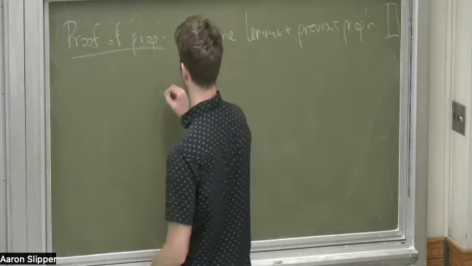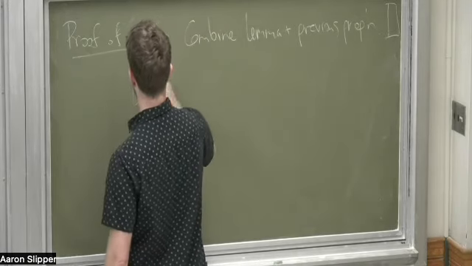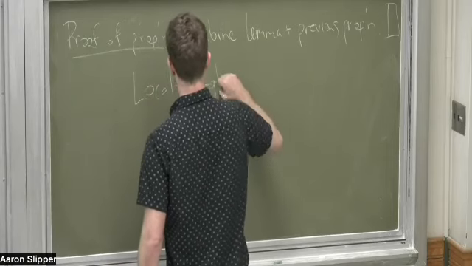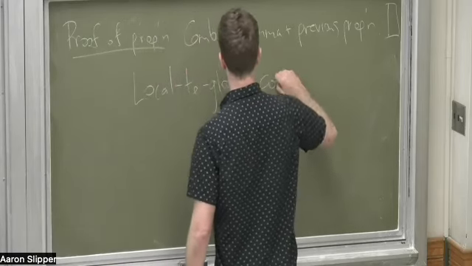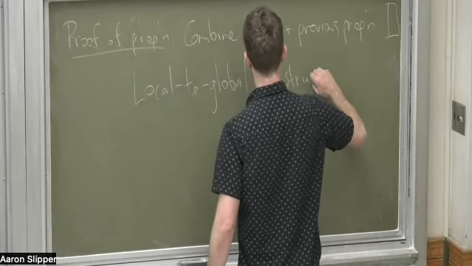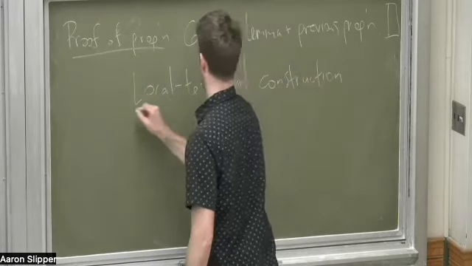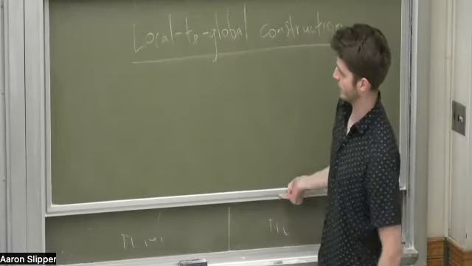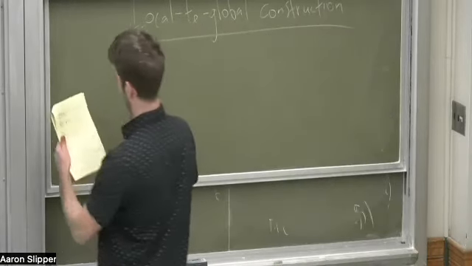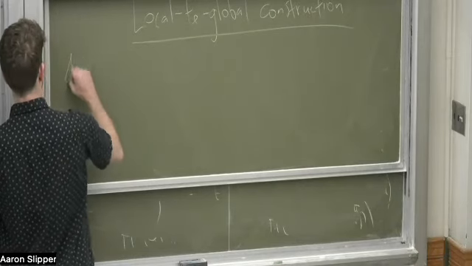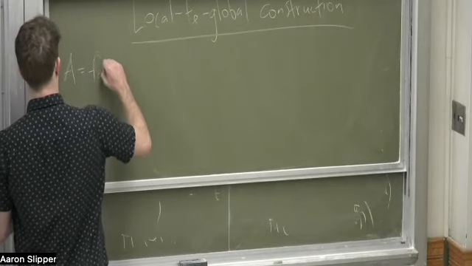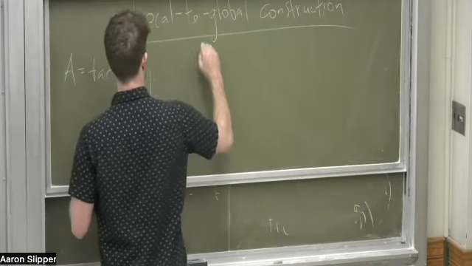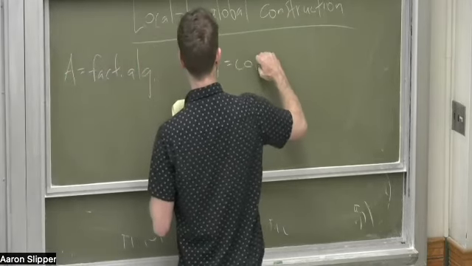So now I come to the main local to global construction, combining all the previous ingredients. We're going to start with A and B as above, A a factorization algebra, B a commutative factorization algebra.